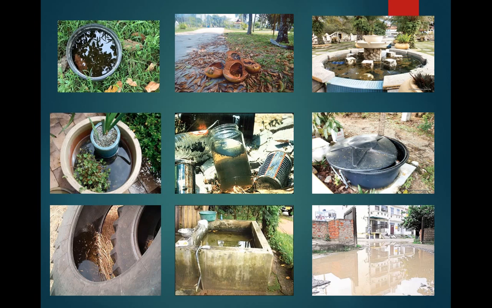As we can see in this picture, it could be flower pots, water tanks, tires, and so on, even coconut shells, and any stagnant water nearby to our house or to our office or anywhere wherever we are residing.